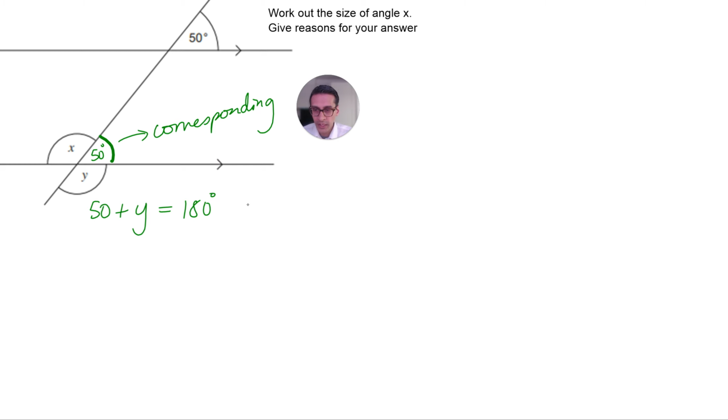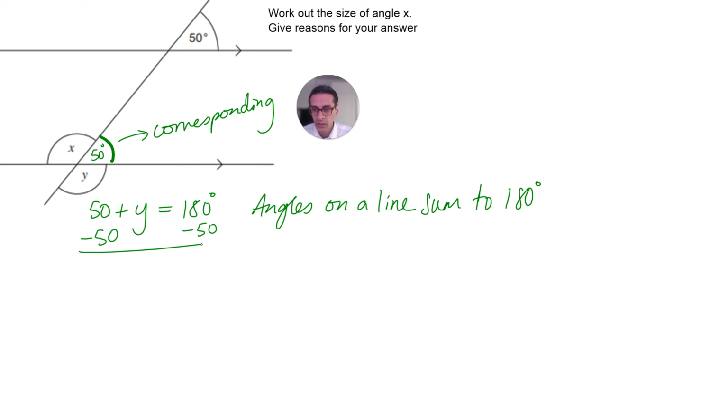And the reason for that is angles on a line at a point sum to 180 degrees. So if we take away 50 from both sides, we can see y is equal to 130 degrees.